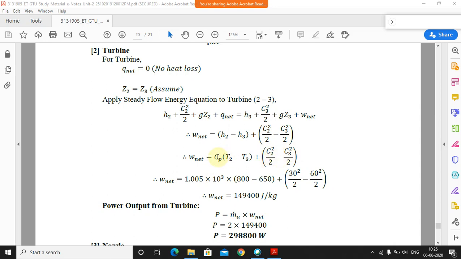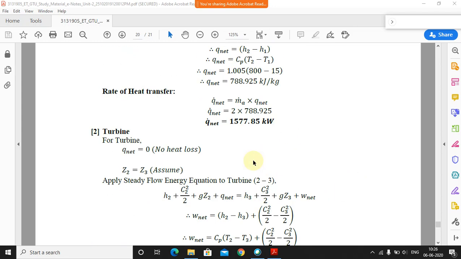The value of Cp is 1.005 into 10 raised to 3, because these values are in 10 raised to 3. Then 800, the temperature at the second point, minus 650, the third point temperature, plus 30 square by 2 minus 60 square by 2. So just calculate this value and tell me what you are getting.